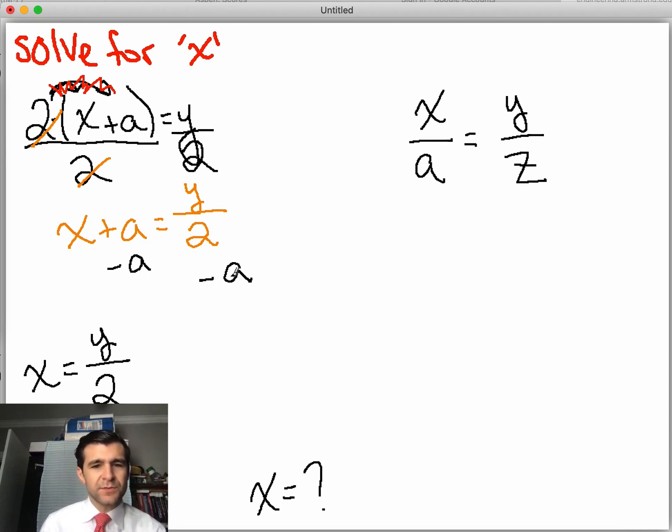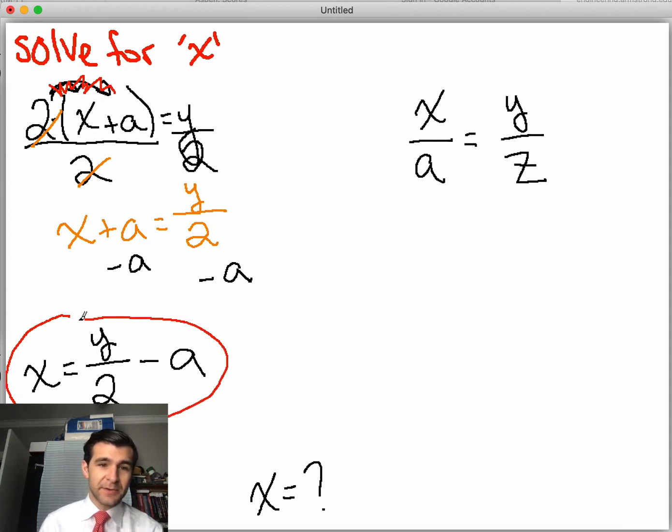And what do we do with this minus a? Well, we can just say minus a. There's really not that much need to complicate problems like rearranging equations and isolating variables, okay? So our final answer is x equals y divided by 2 minus a.